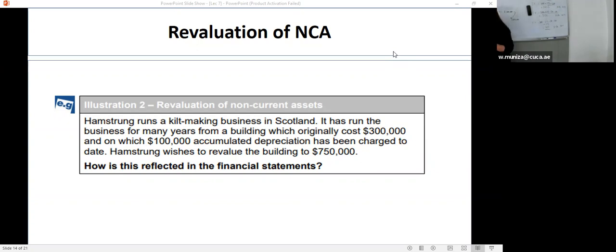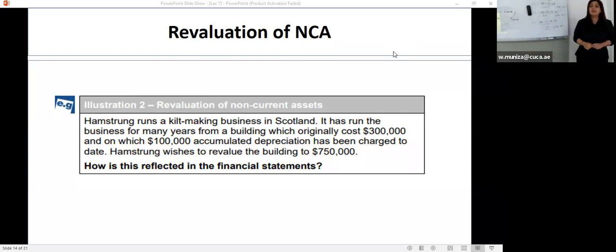Got it? So for your information, in front of non-current asset, the difference between cost and revalued amount is going to be written. In front of revaluation surplus, the difference between carrying value and revalued amount is going to be written. Clear?